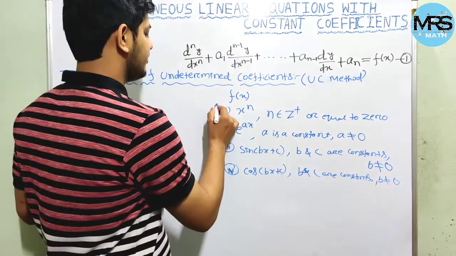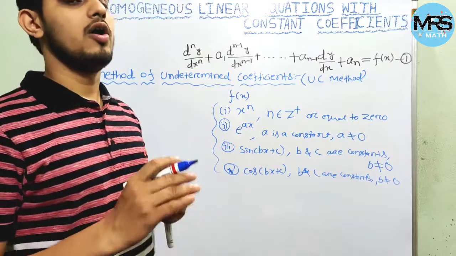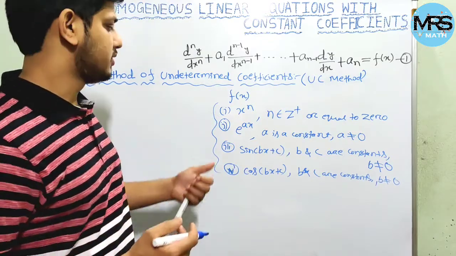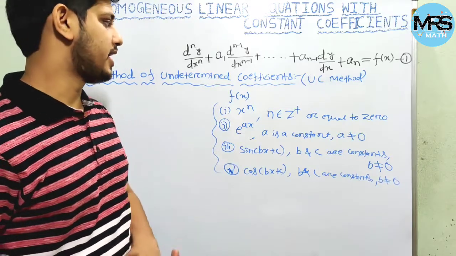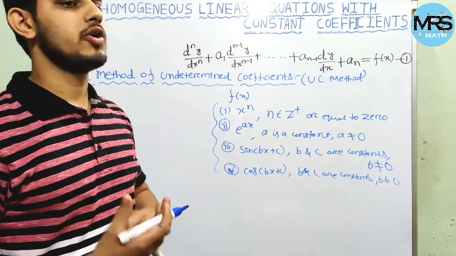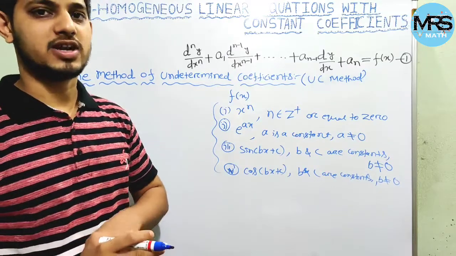If these 4 types of functions are there, or the finite product of any 2 or more of these functions, then that will be called an undetermined coefficient function. I hope it is clear to you.